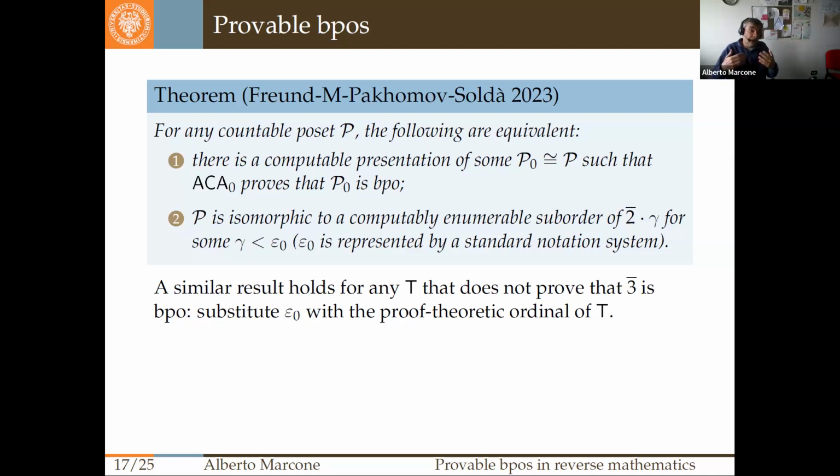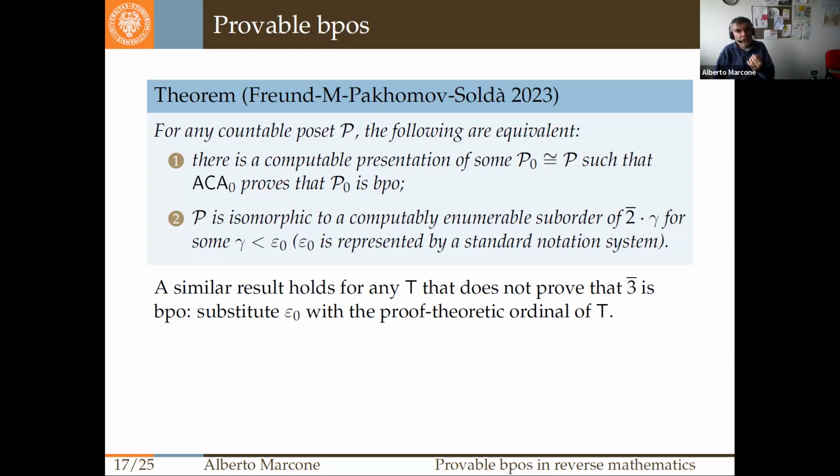We say, well, we can find a computable presentation of that poset, let's say P0, and ACA0 will be able to prove that this P0 is a better partial order. So we have a computable copy of P, and ACA0 realizes that that is a better partial order.